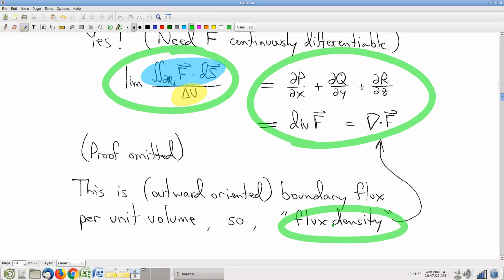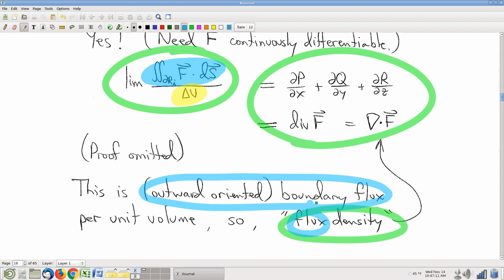So you've got to remember for yourself that when they say flux here, they're talking about outward-oriented boundary flux. But what everybody says day in and day out is flux density. Okay. All right. Almost ready to put the finishing touches on the theorem.